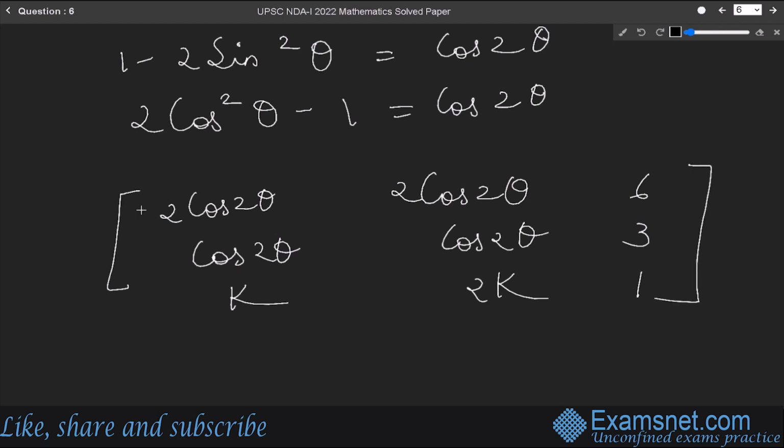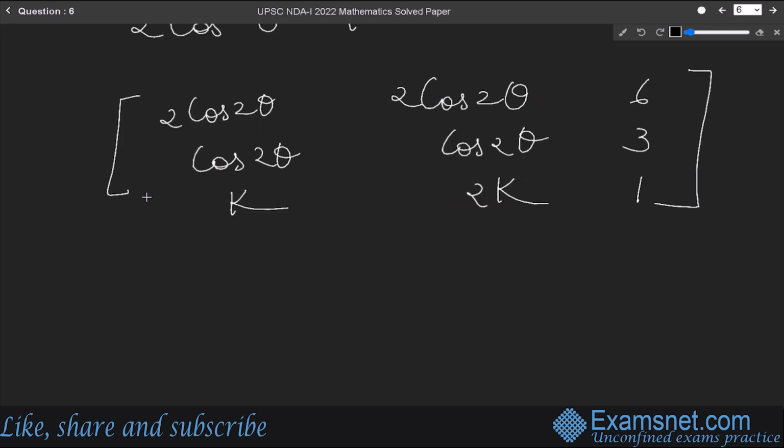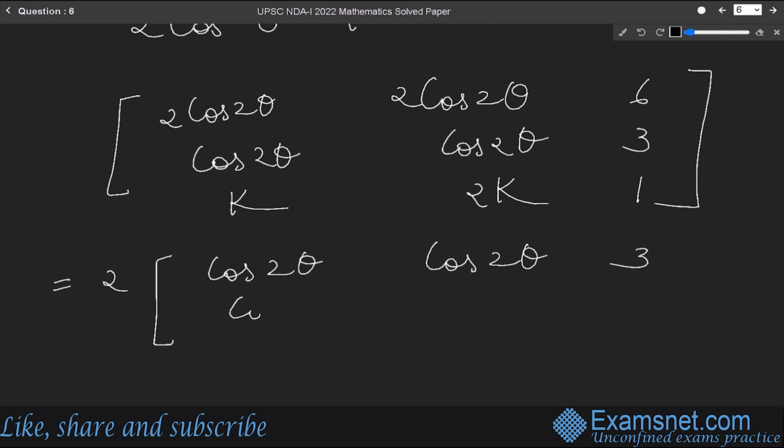We can see that in the first row 2 is common. So we take 2 common and we get cos 2 theta, cos 2 theta, 3, cos 2 theta, cos 2 theta, 3, and k, 2k and 1.